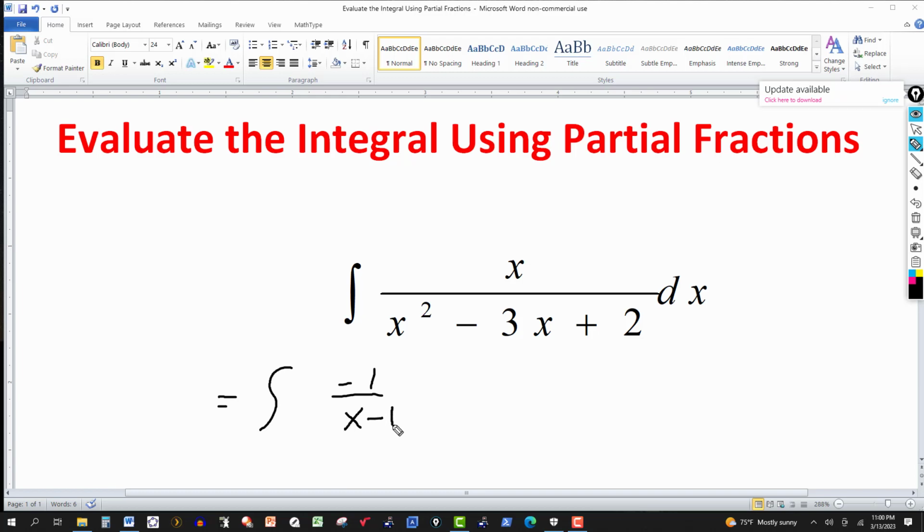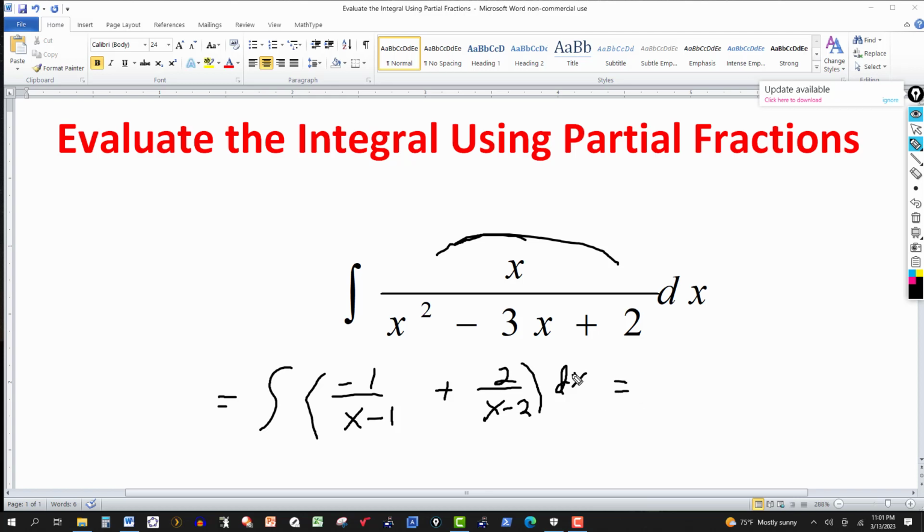And then it was a plus b over x minus 2. And we found b to be 2. So we have 2 over x minus 2. So instead of integrating the original integrand, this is broken up into minus 1 over x minus 1 plus 2 over x minus 2, and then we can just integrate.